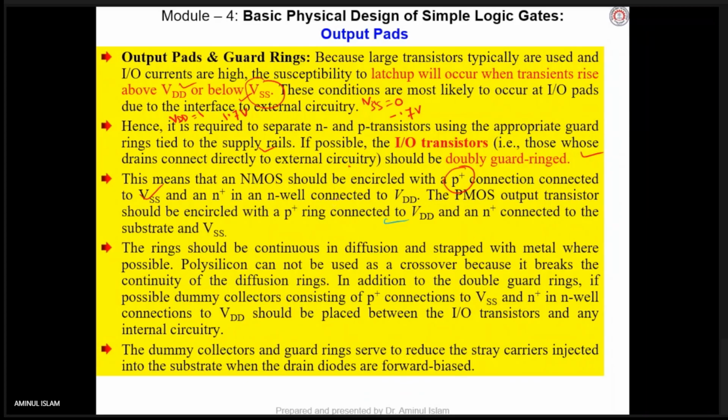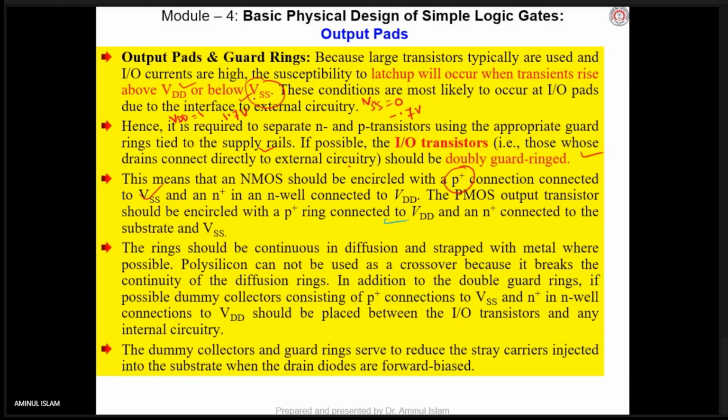Few more points are there about output pads and guard rings. Because large transistors typically are used and I/O currents are high, susceptibility to latch-up will occur when transients rise above VDD and below VSS.